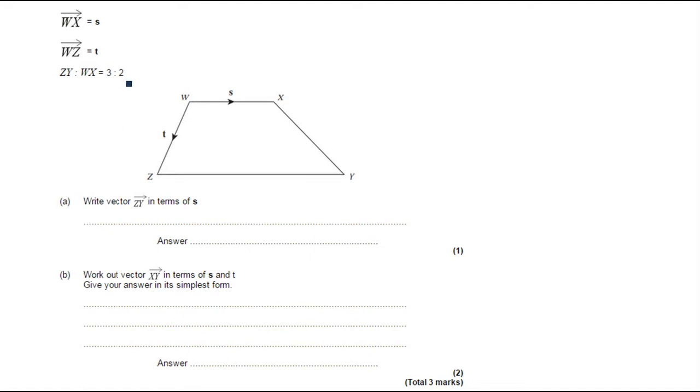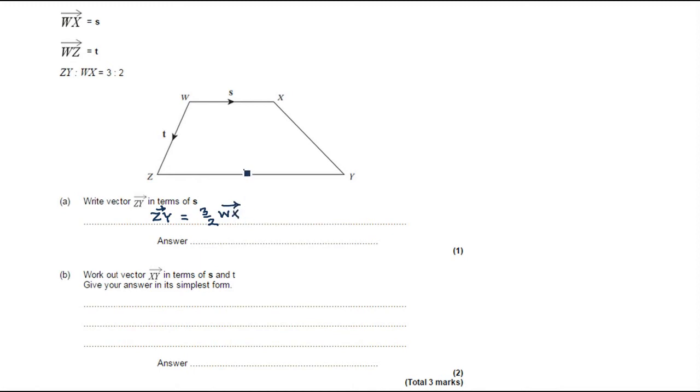How much bigger? Well, it's a 3 to 2 proportion, so the fraction ZY must equal 3 halves of the length, or in this case, the vector WX.